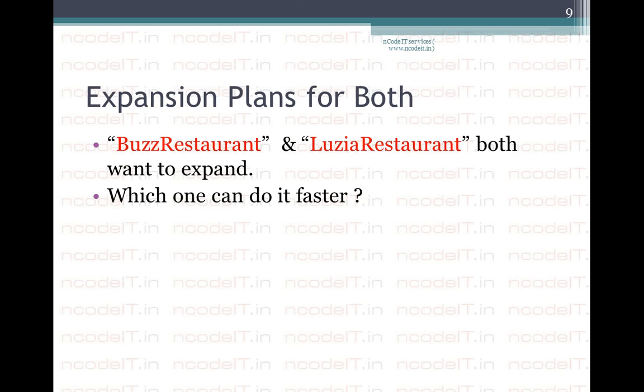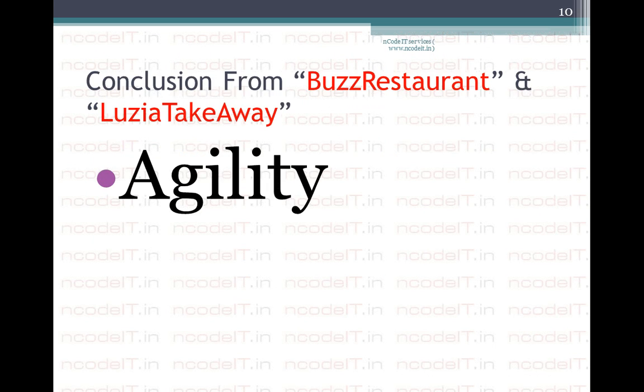Now let's say all three companies went to a couple of IT companies. If you look at all these three examples that we've taken, the first example, the board maker, and the second and third examples, the restaurant and the takeaway business, there are two points. One is agility, the other is reusability. Agility is what the restaurants wanted.